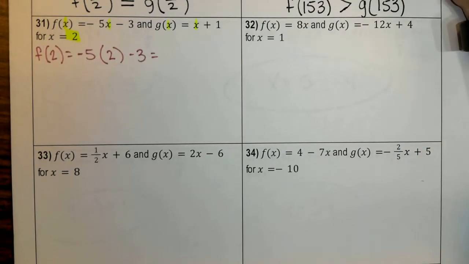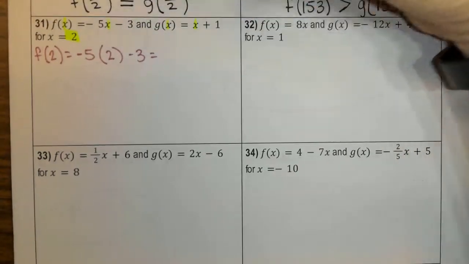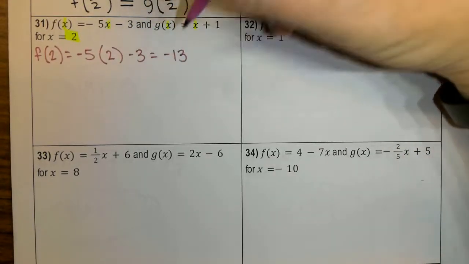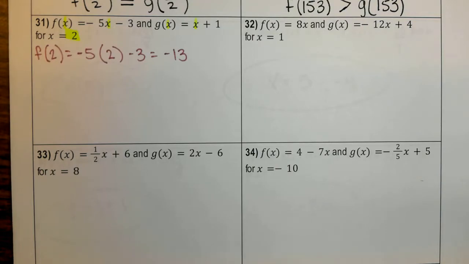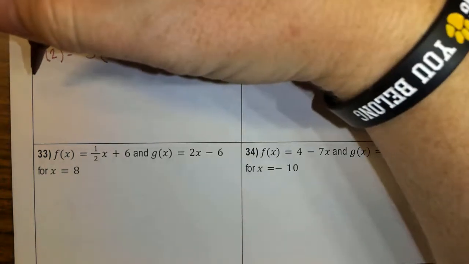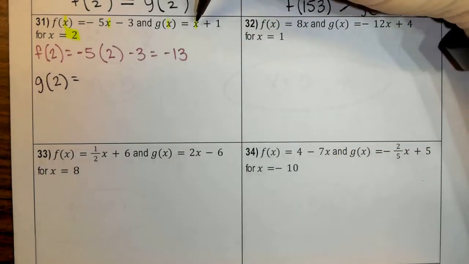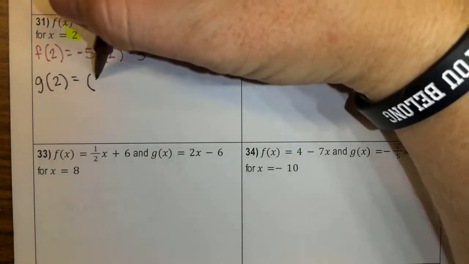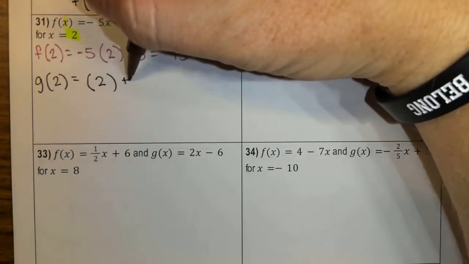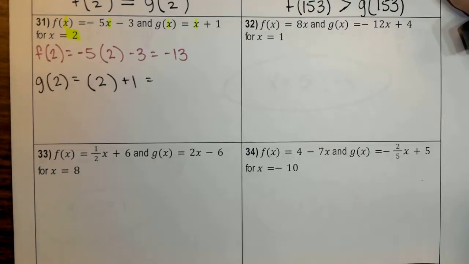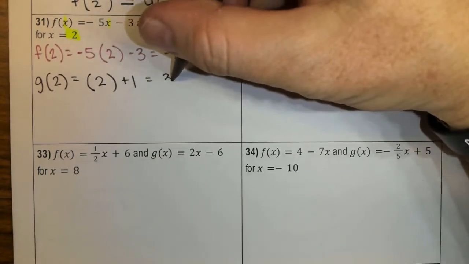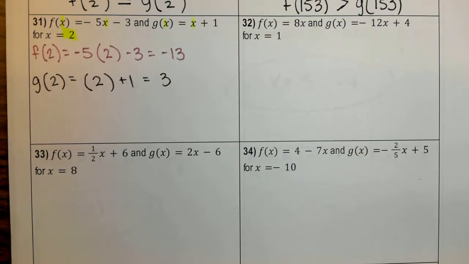Okay, if I type that in, that's negative 10 minus 3, you get negative 13. And then I'm going to do the same thing with g. So I have g of 2 equals x, so I'm just going to do parentheses 2 plus 1. Now this one's pretty easy. 2 plus 1 is just 3, right?